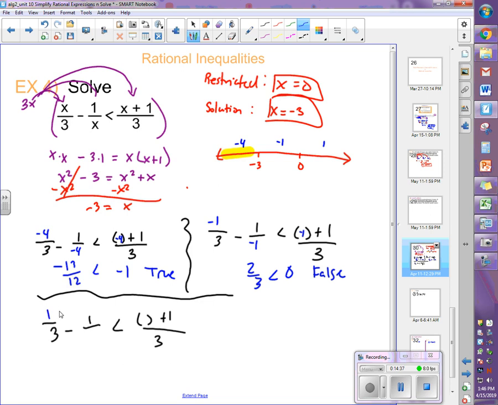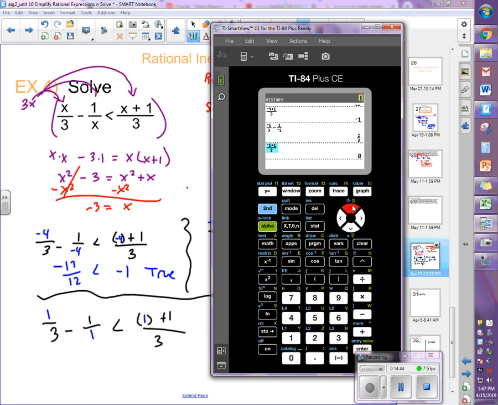So now I'm going to test with positive 1. Negative 2/3 and positive 2/3.